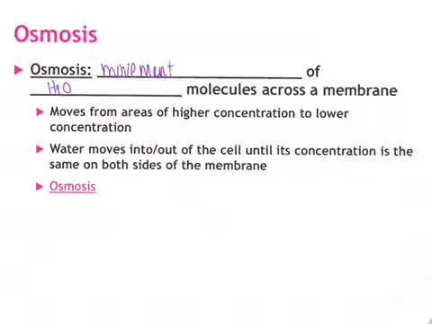So again, they're going to move from areas of high concentration to areas of low concentration. And the water is going to move into or out of the cell until its concentration is the same on both sides of the membrane. It's exactly the same as diffusion, but it's only talking about the movement of water molecules. So sometimes it might say the diffusion of water molecules.